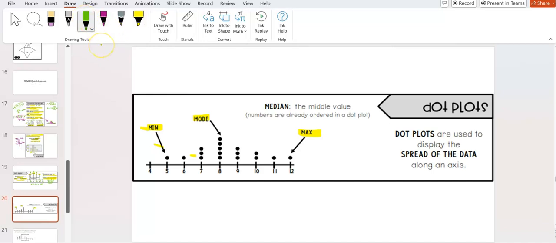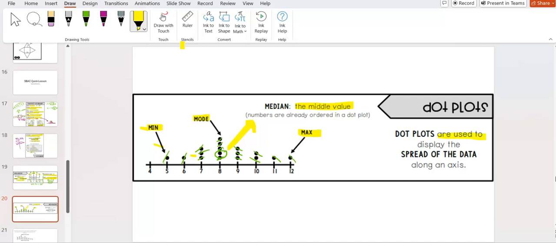You can still find a median or middle, because I can still kind of go from side to side, 1, 2, 3, 4, 5, 6, 7, 8, and still find the one that's in the middle. But modes and minimums and maximums are the easiest. And so your median is still that middle value. They're already ordered in line, so you would just go in to find them.